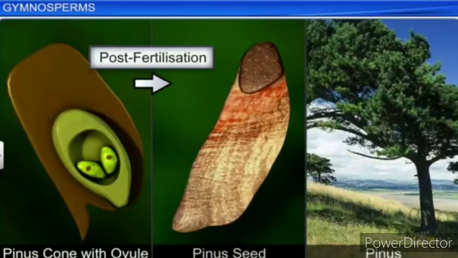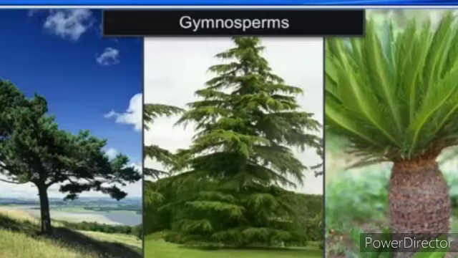The seeds that develop post fertilization are not covered, they are the naked ones. So the gymnosperms are called the naked seeds, because the ovary wall is absent, only the ovules are present.